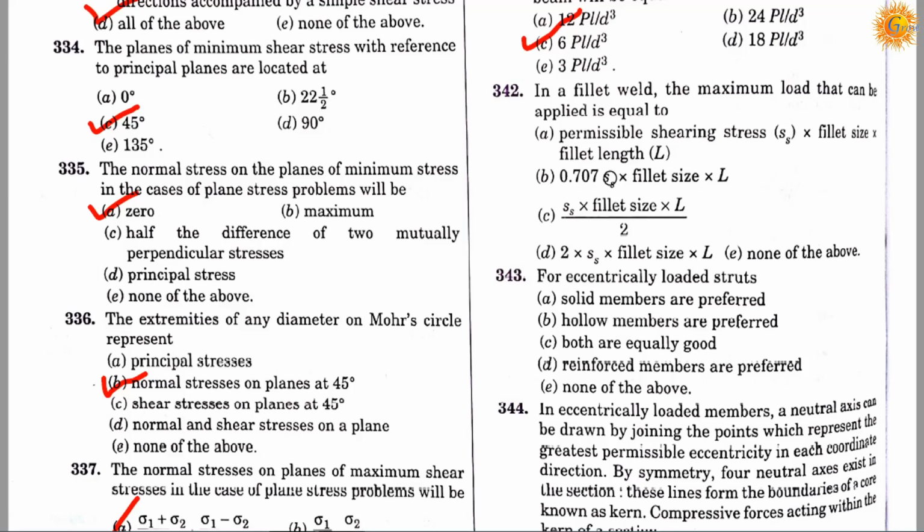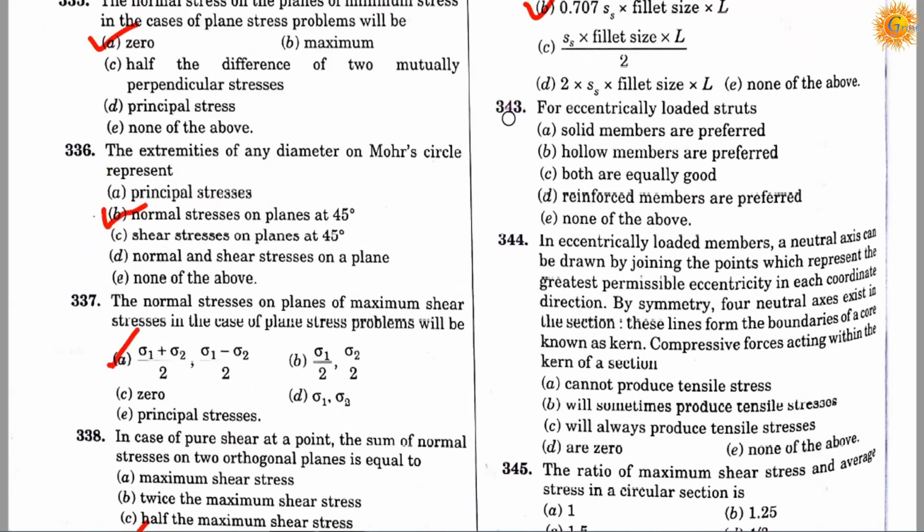So the correct answer is B. It will be 0.707 into S subscript S into fillet size into capital L.